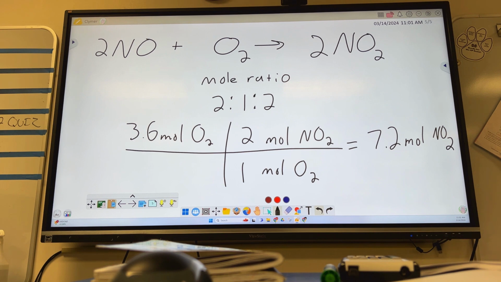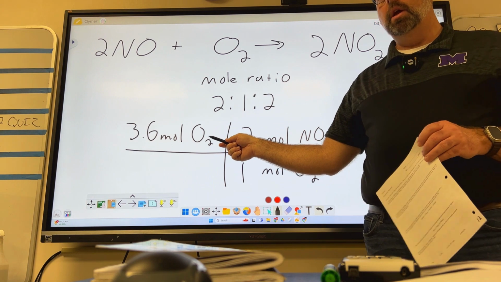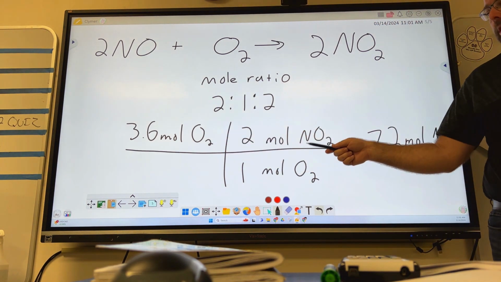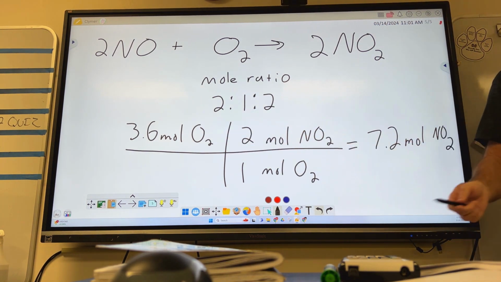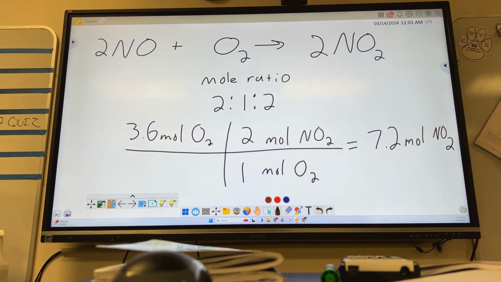Now some things about T-charts when we're doing mole ratios. Putting the entire unit in here is critical. If you were being lazy before and just writing mole here and not what it is, you're going to have a bad time when you run into a conversion between moles of different things. You need to be precise and you need to be descriptive in your boxes on your T-charts, or you will quickly get lost.